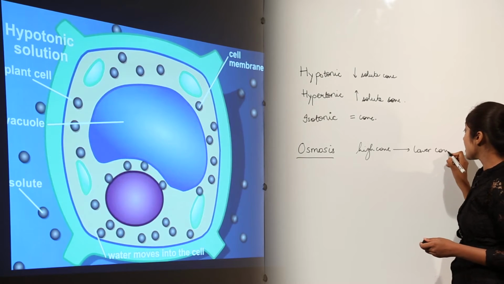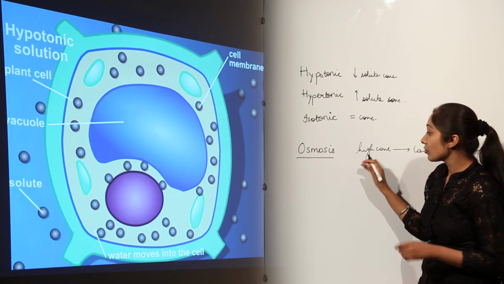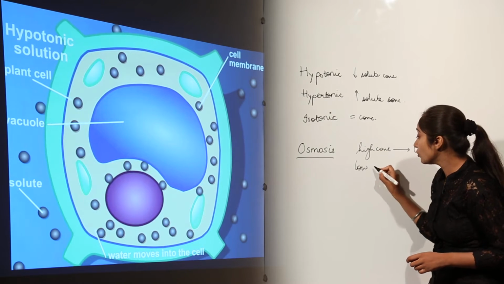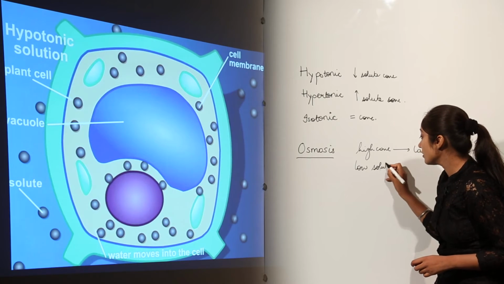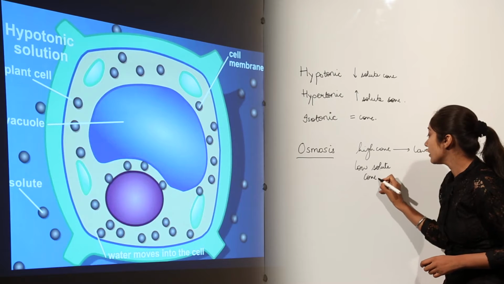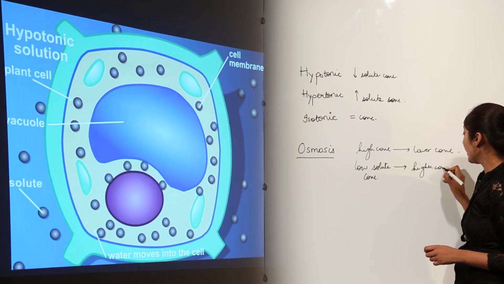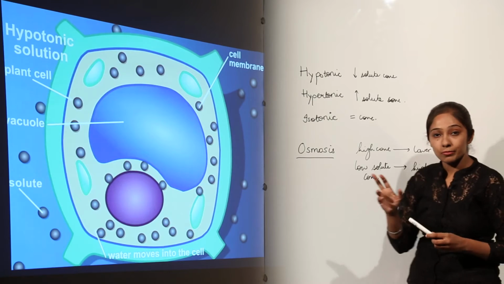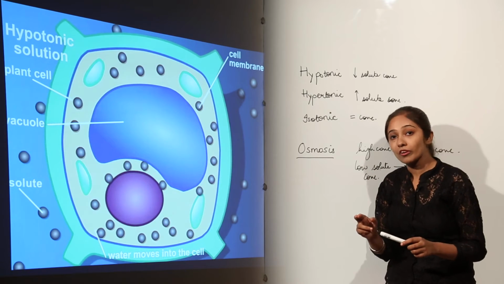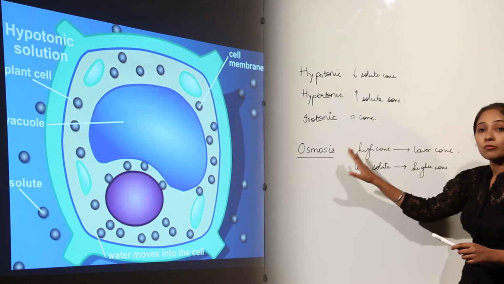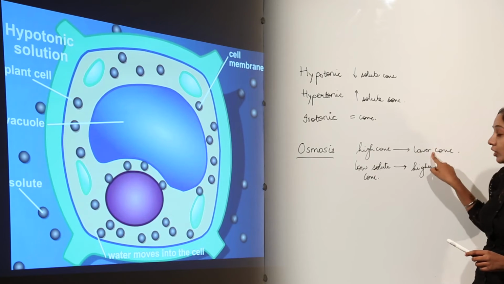But if we talk in terms of solute, there will be movement from the region of lower solute concentration to the region of higher solute concentration. So, you need to remember that if we are talking about osmosis in terms of the movement of water molecules, the movement of water molecules is from the region of their higher concentration to the region of their lower concentration.